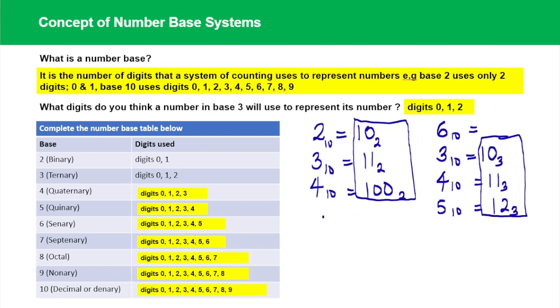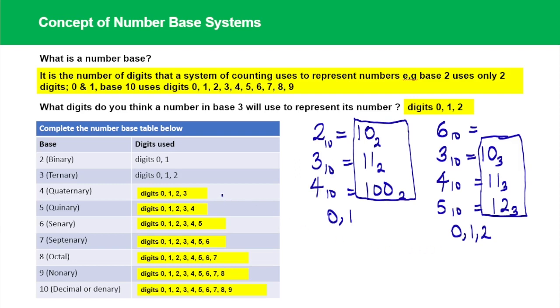What this implies is that a base 2 number will use only 2 digits to represent any of its numbers, while a base 3 number will use 3 digits. No matter how big the number is, as long as it is to be written in base 3, the digits that make up the number must be a combination of 0, 1 and 2.